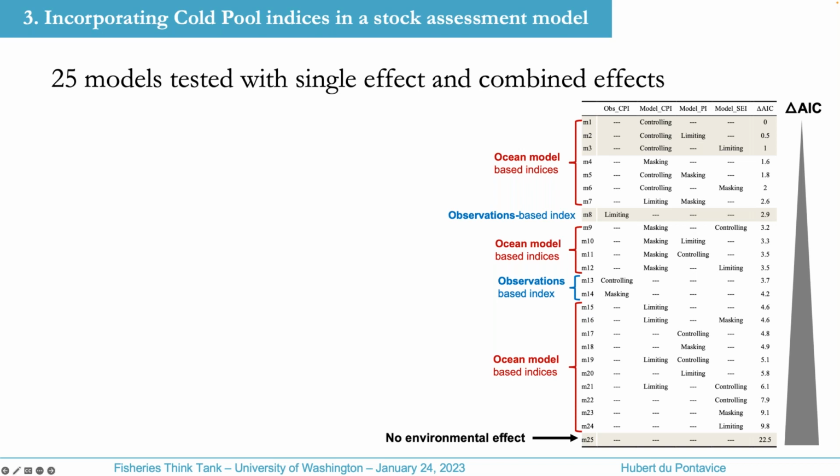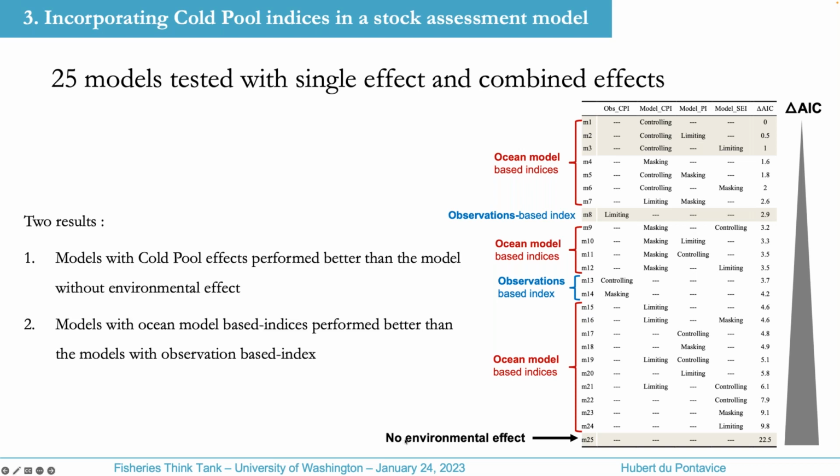Of course, I'm not going to describe each line of this table. The models are sorted by AIC, and I indicated the models including ocean model-based indices in red and the observation-based index in blue. And here is the model without environmental effect. There are 2 interesting points here.